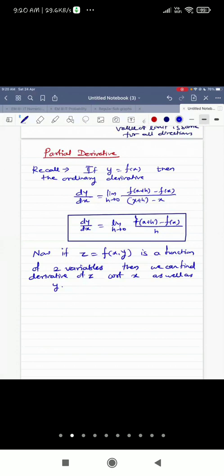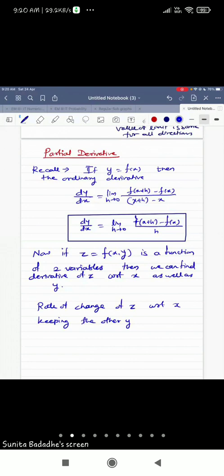So now the rate of change of z with respect to x, keeping the other variable y constant, is denoted by dabba z by dabba x. Few people call it dou z by dou x.